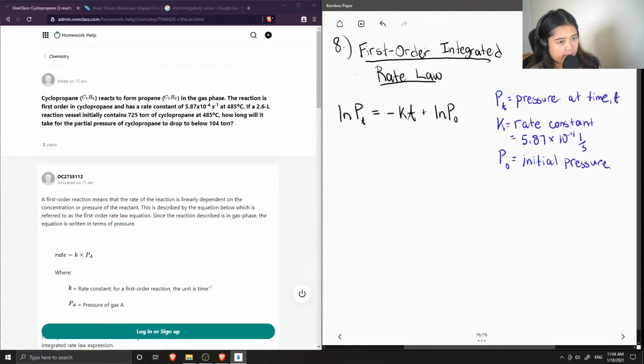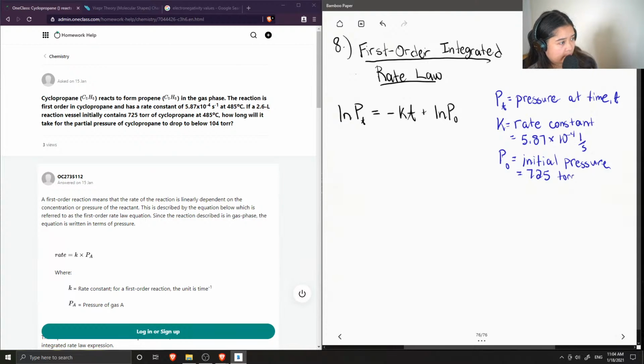Okay, so we know that the reaction vessel initially contains 725 torr. So we can say that the initial pressure is 725 torr.